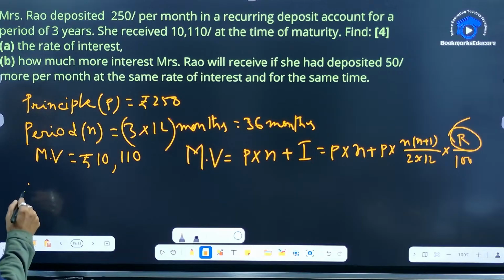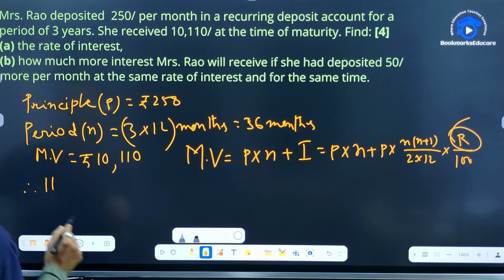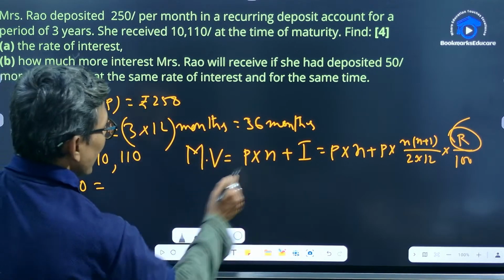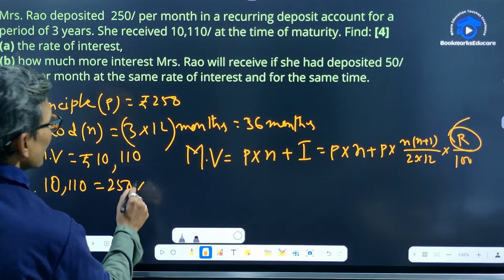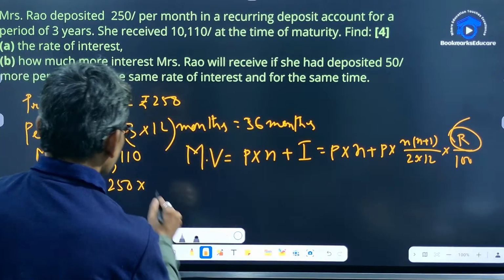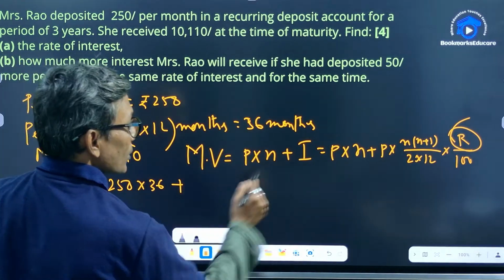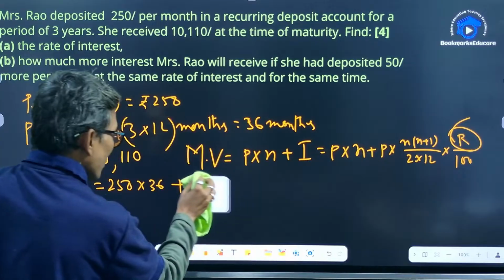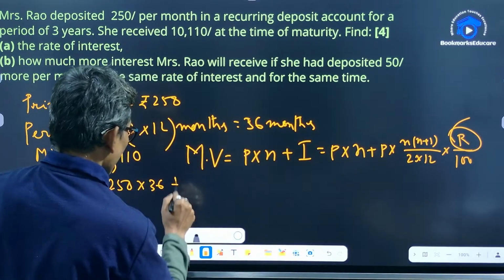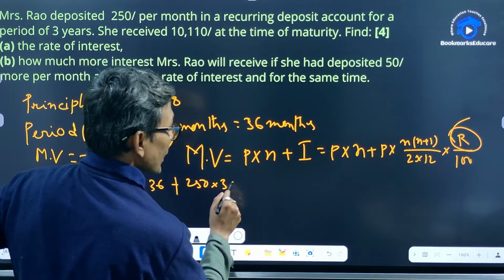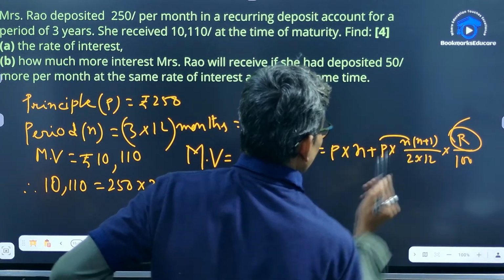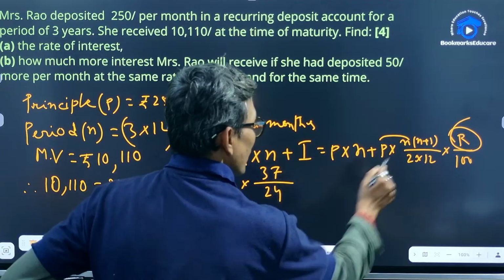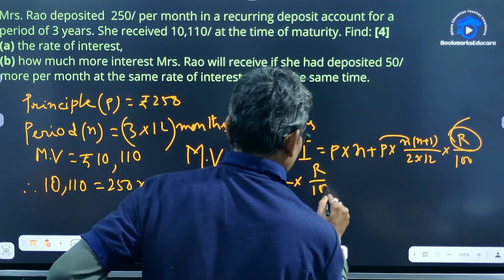Now putting in the values, MV 10,110 is equal to P into n, where P is 250 and n is 36, plus P into n, 250 into 36, into 37 by 24 into R by 100.